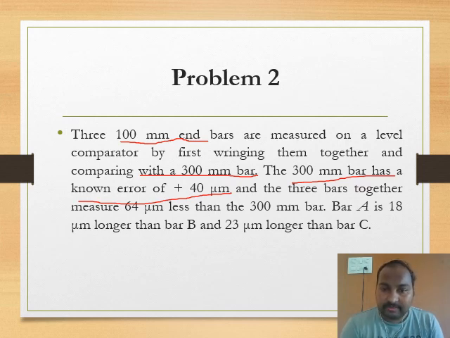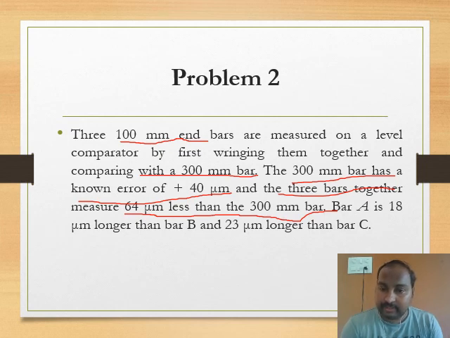When the three bars are rung together, they measure 64 microns lesser than the standard 300 bar.